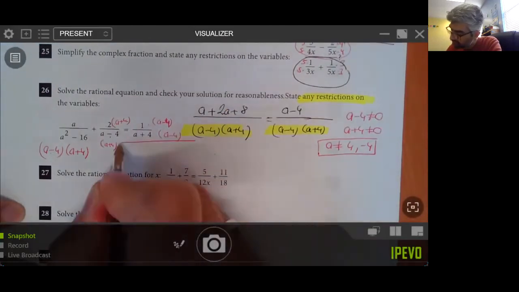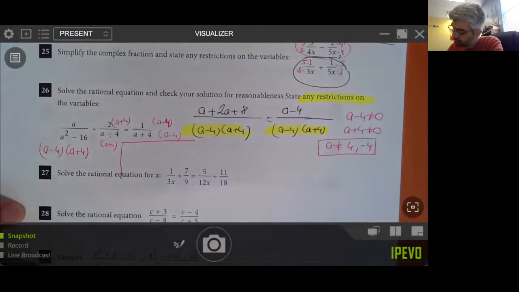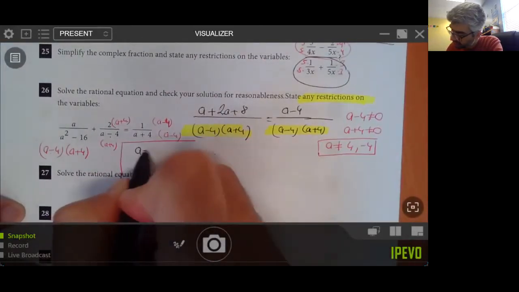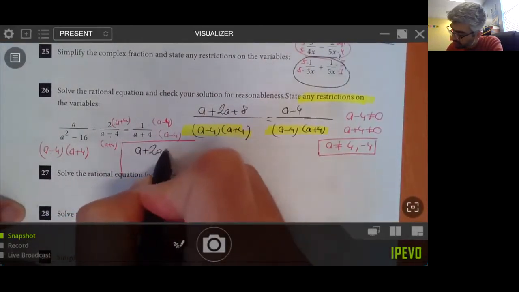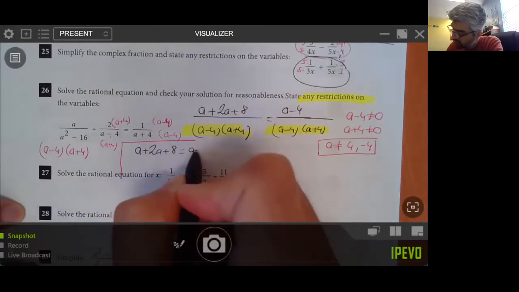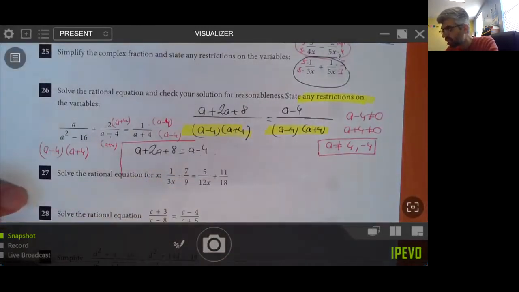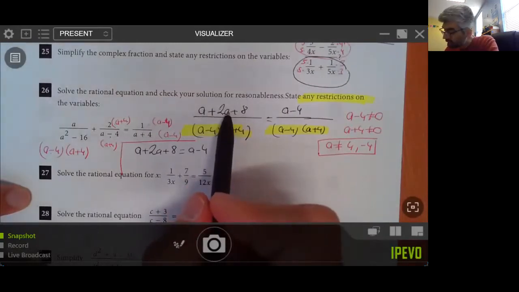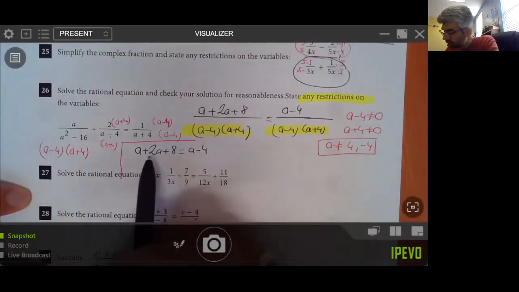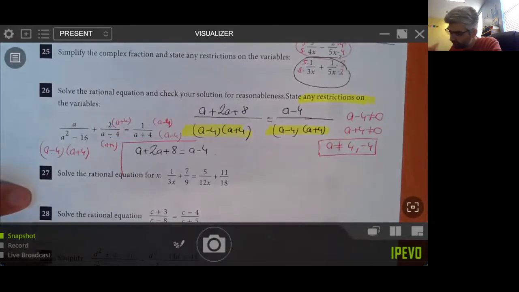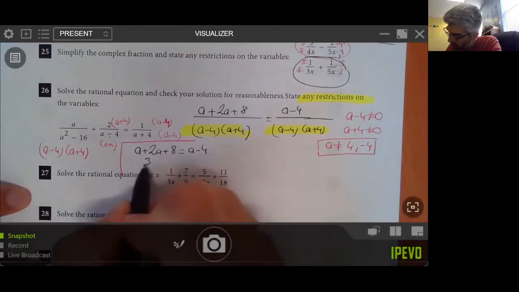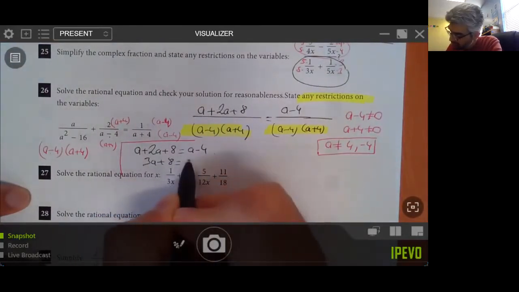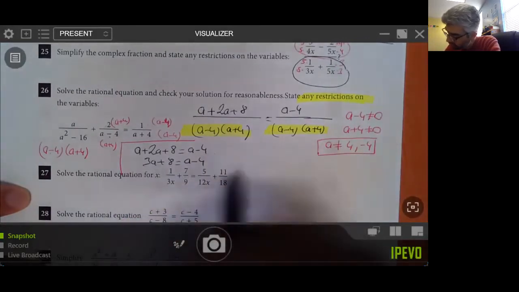And I write them. a plus 2a plus 8 equals a minus 4. Okay, yes, there is no a squared. I could add them, right? 3a. Okay. And well, I just combine them. I will find a, guys. So 3a plus 8 equals a minus 4.